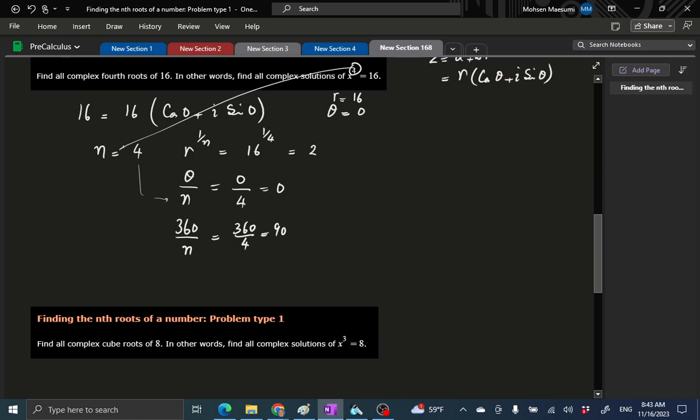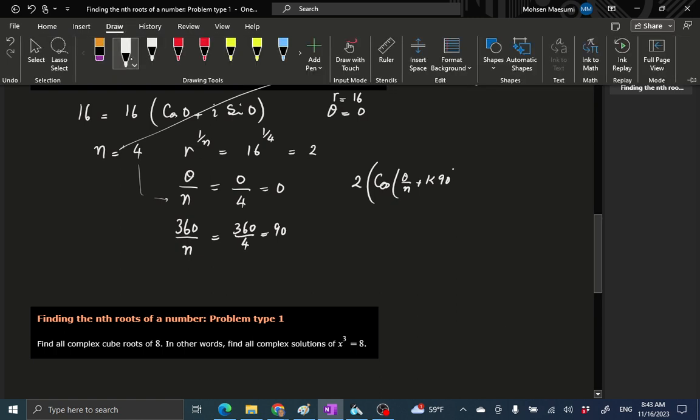Now we are going to form our roots. The fourth root of r, so I'm going to take 2 times cosine of theta over n, which is 0, plus k times 90. Let me write it 90k. It looks better that way.